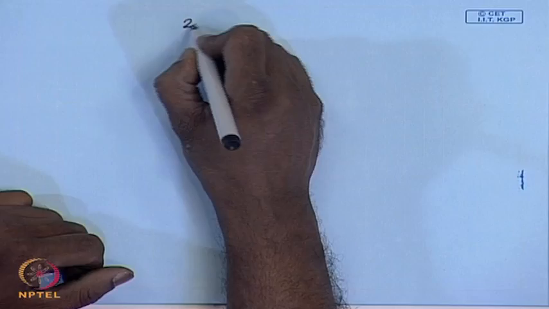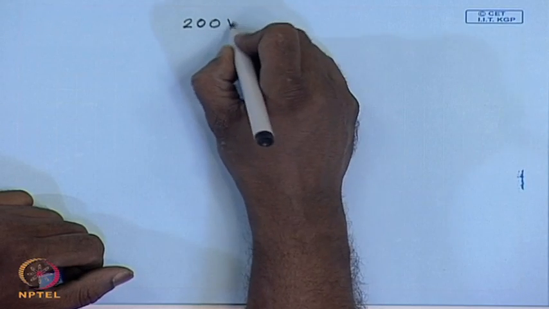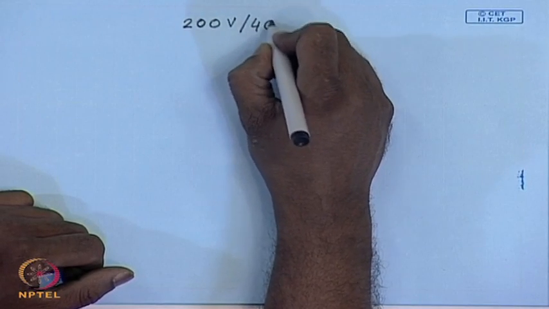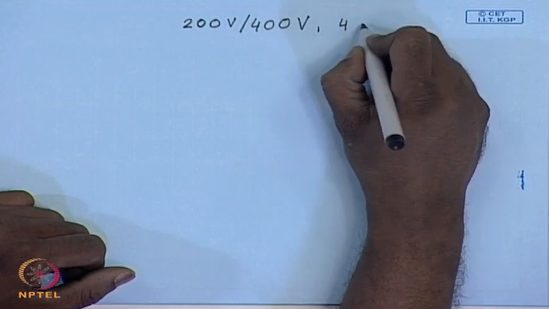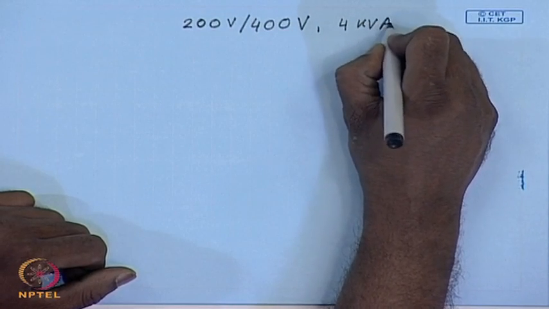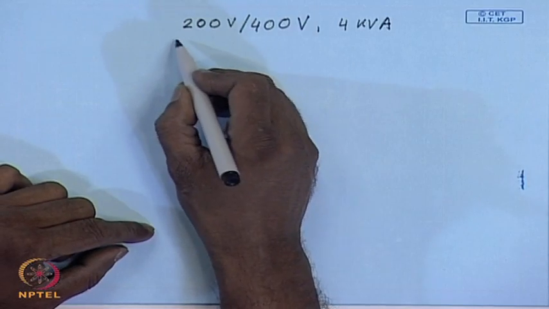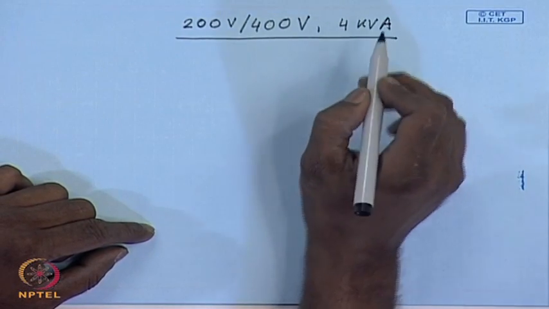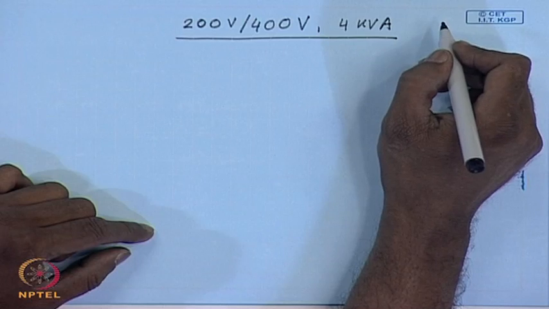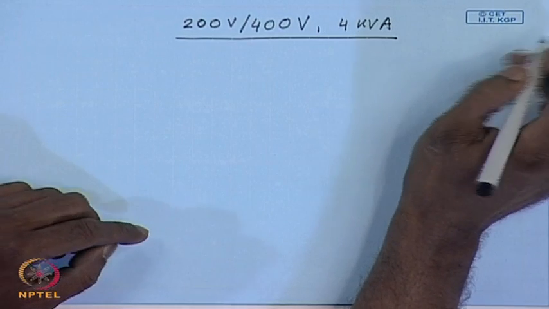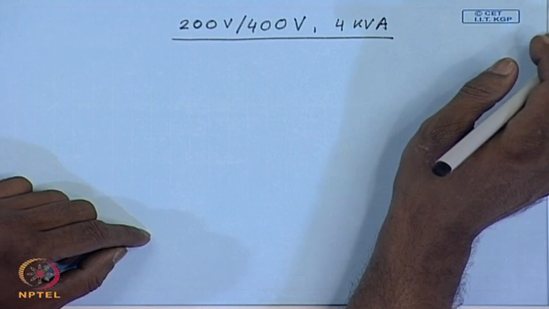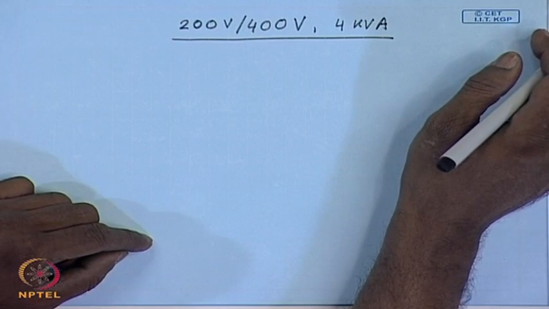Let us say we have a 200 volt by 400 volt single phase transformer rated at 4 kVA. I want to perform no load and short circuit test on this transformer. So, what should be the rating of different equipments that I should choose?